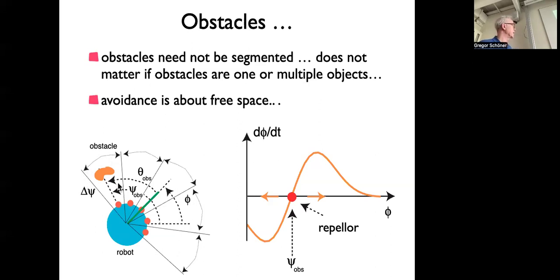I'll show you examples of that later. And for each of these sensors, you would erect a repulsive forcelet in the direction in space into which the sensor is pointed. So treat it as if there was an obstacle there, and use the measured distance to modulate the strength of repulsion from that direction. That was the very simple idea.